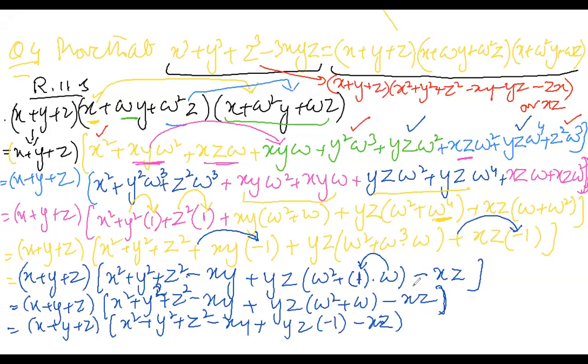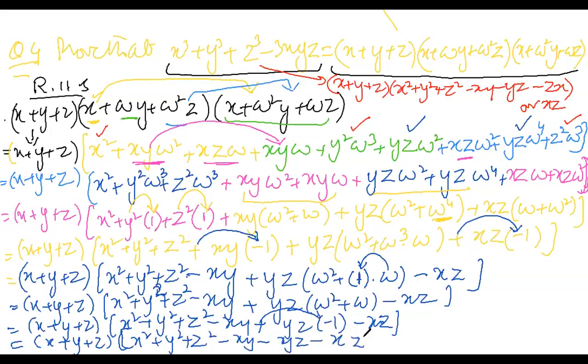So instead of writing this one, I can use the same square bracket as we need it so far: x plus y plus z and x square plus y square plus z square minus xy minus yz and minus zx, xz or zx.